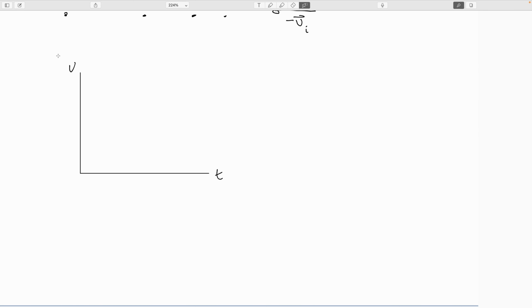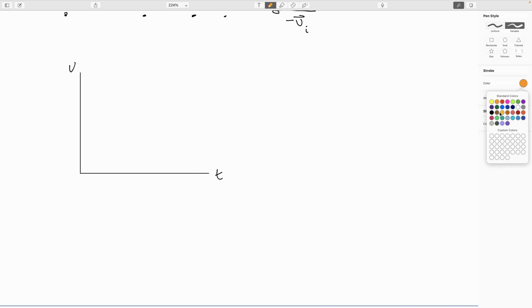I'm going to make a bunch of these, so let's just copy that real quick. Now let's say my velocity time graph looked like that. Well, I can look at this and say the velocity is positive. How do I know that? Simple, it's always in positive territory. This is a v versus t graph. All the values on here are positive. So the velocity is positive.